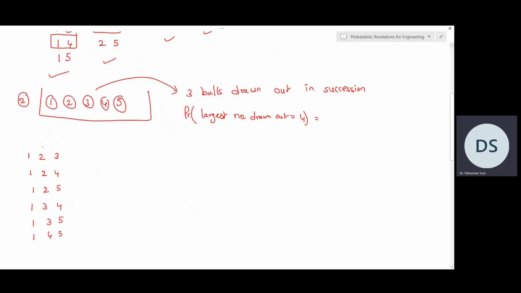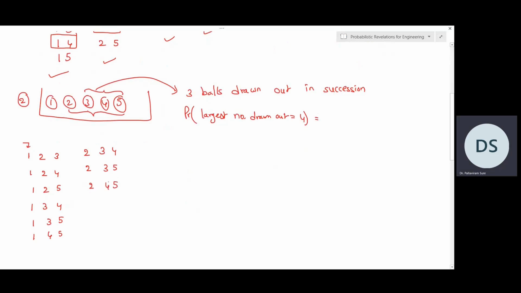So if you observe, I have fixed this one and assuming that only 2, 3, 4, 5 are there, I wrote all the combinations pertaining to that. Now second, let us now fix 2. So when we fix 2, observe 3, 4, 5. So we can have 2, 3, 4, then 2, 3, 5, then 2, 4, 5.